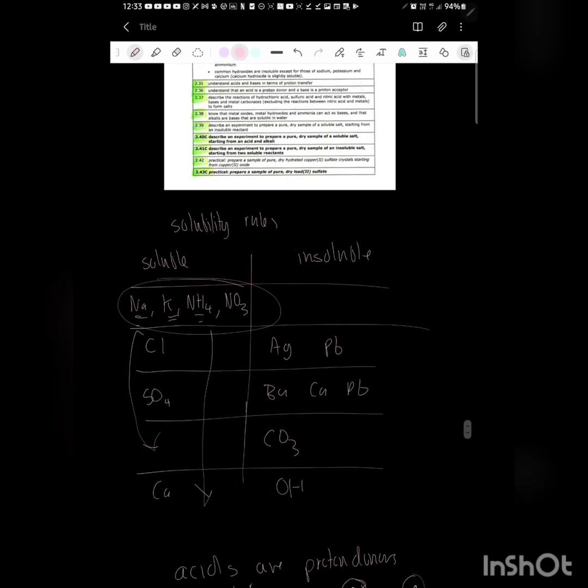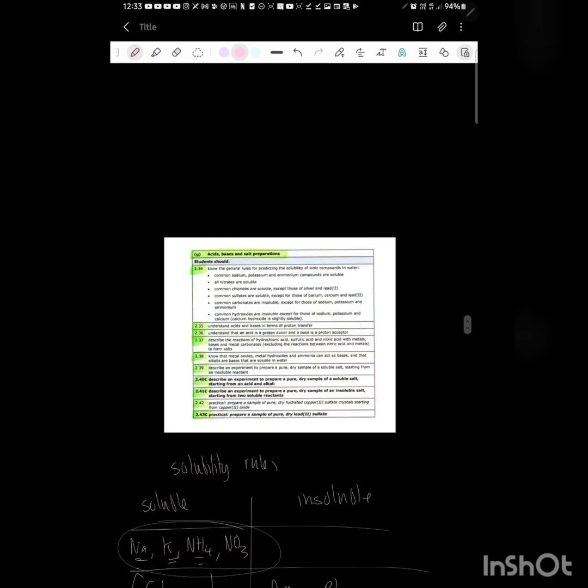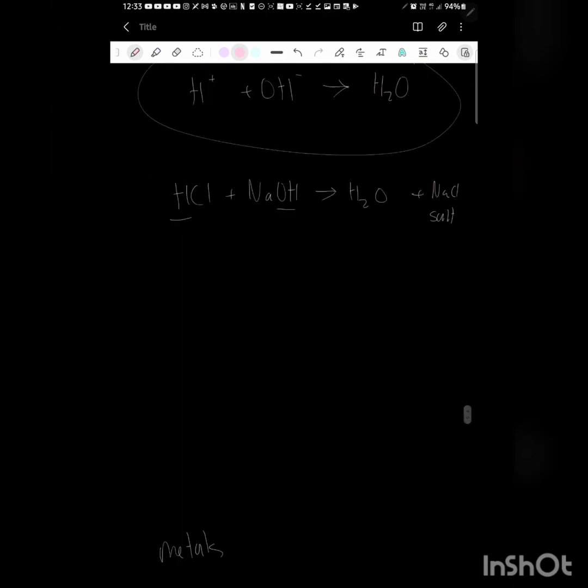Acids with metals, bases, and metal carbonates. Okay, so first let's start with metals. I have written everything I need to write, right? Metals, bases, metal carbonates. Okay, perfect.